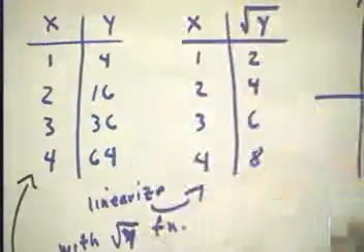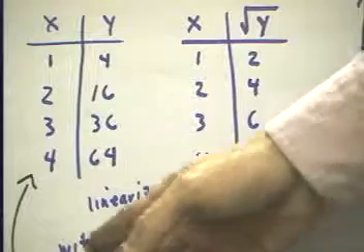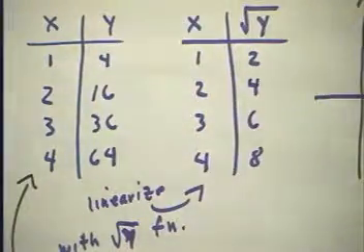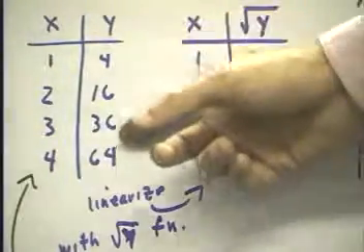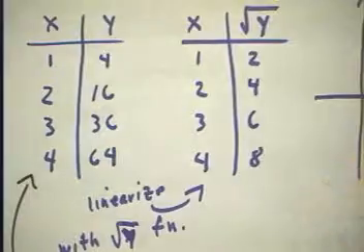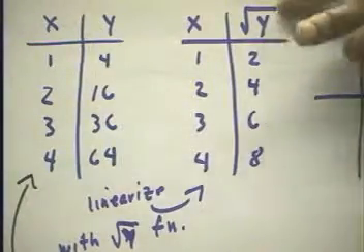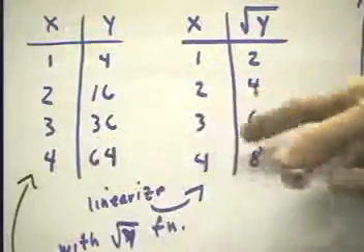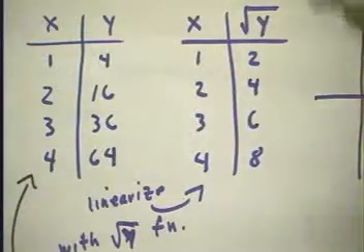Since we see that these are perfect squares, maybe it would occur to us to linearize using the square root function to undo the perfect square. Okay, so let's take the square root of all the y's. We'll write our x's down as they are, but we'll take the square root of every y. Now the square root of 4 is 2, the square root of 16 is 4, square root of 36 is 6, square root of 64 is 8, and we know that.